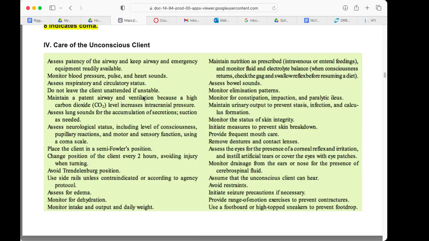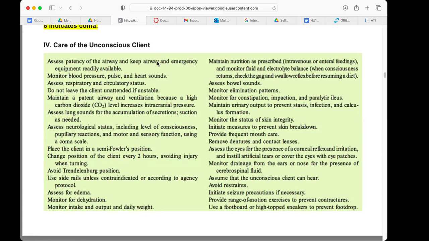Okay. Most of the time, 9 times out of 10, when we're talking about a neuro patient that is unconscious, they're probably intubated. And so write this down: intubation increases the risk for pneumonia, significantly, significantly.